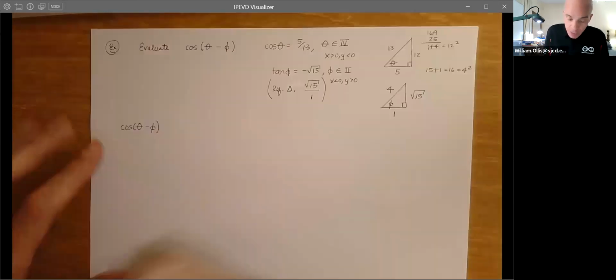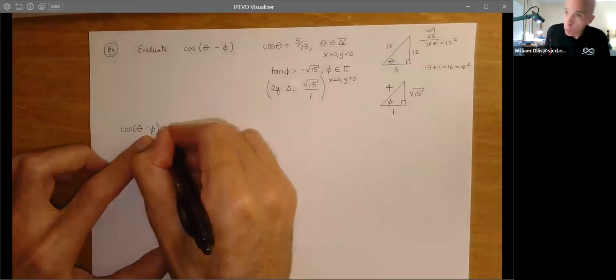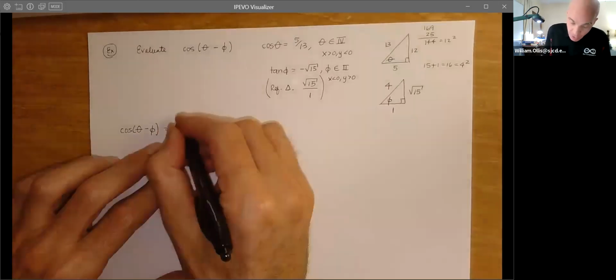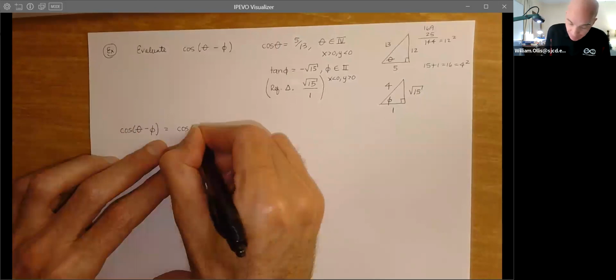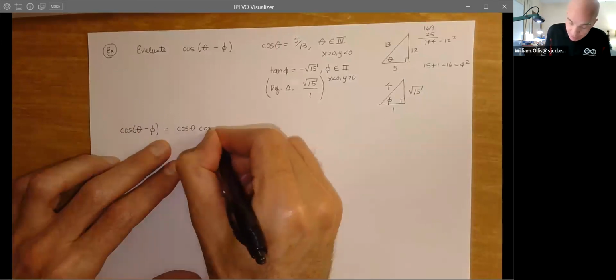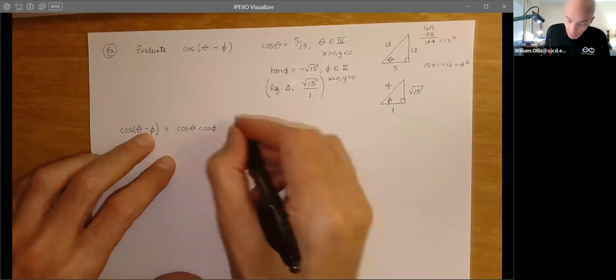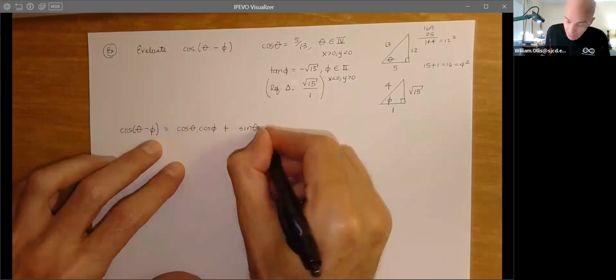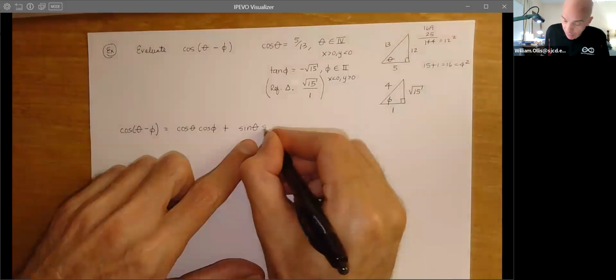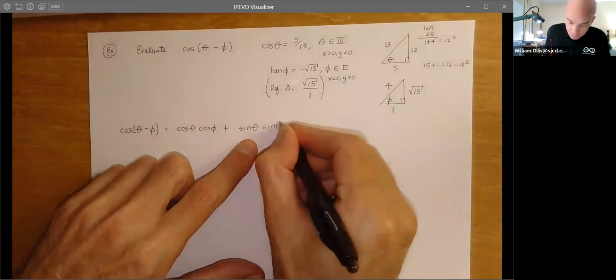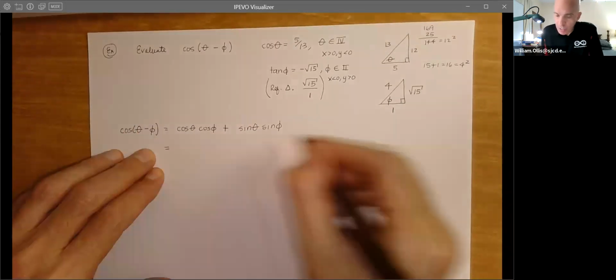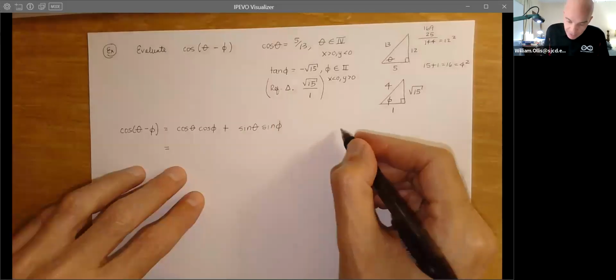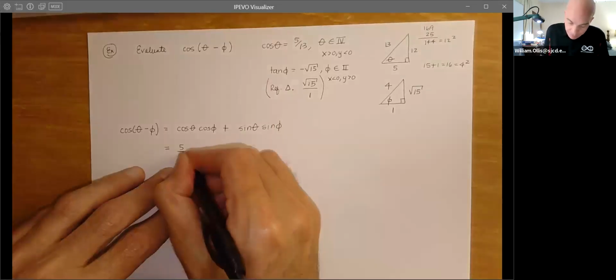Cosine of theta minus phi by our new formula identity is cosine theta cosine phi. Now with the minus, remember we get the plus sine theta sine phi. So now just go ahead and fill it in. Cosine theta is 5 over 13.